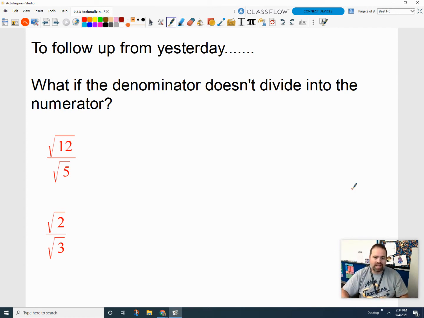Yesterday, we did some, like 18 divided by root 3, and that's all well and good because you can divide 3 into 18. But these don't work. You can't divide 5 into 12. You can't divide 3 into 2. So there's this super easy process to simplify these, or to move forward with them. The only thing is it doesn't necessarily end in a nice answer.